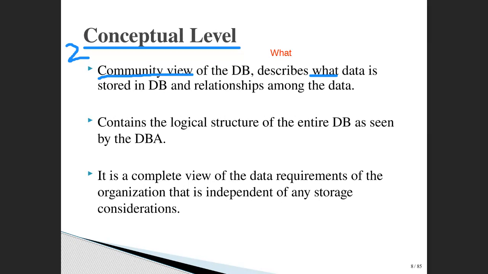So it contains the logical structure of the entire database, as seen by the database administrator, not seen by the user, not of interest to the user. It will consider the data requirements of the organization, but it's independent of any storage consideration.